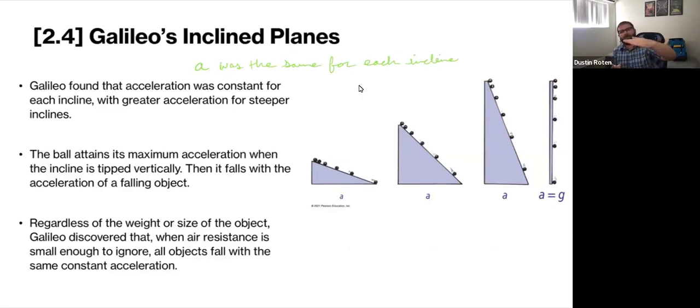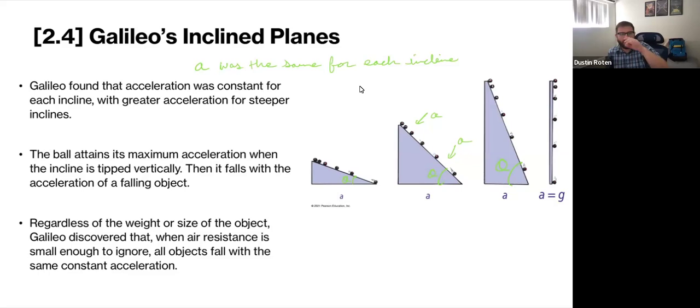And as he increased that angle, so this angle here, ooh, it's hard to see, as that angle increased, that value of A would increase, but it wouldn't change throughout the incline. So whatever value of acceleration you have here, same value of acceleration down there.